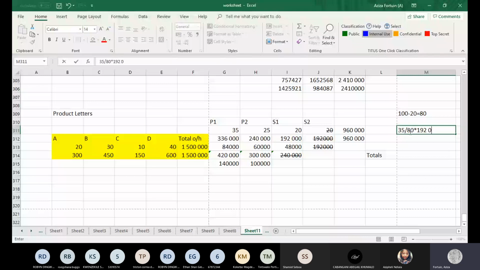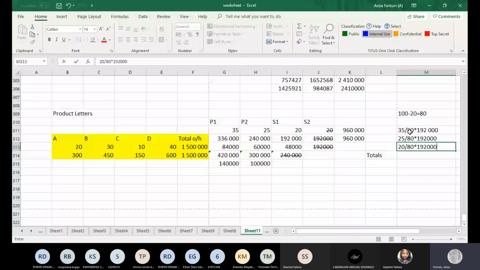The next one, I will say 25 divided by 80 times 192,000. The next one, I will go 20 divided by 80 times 192,000. All right. So then I got those amounts here.